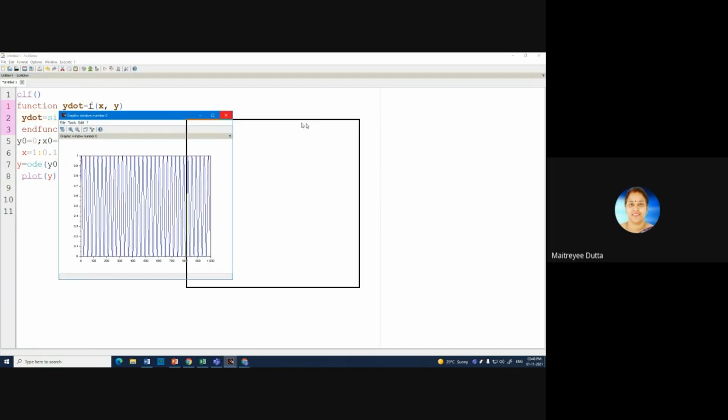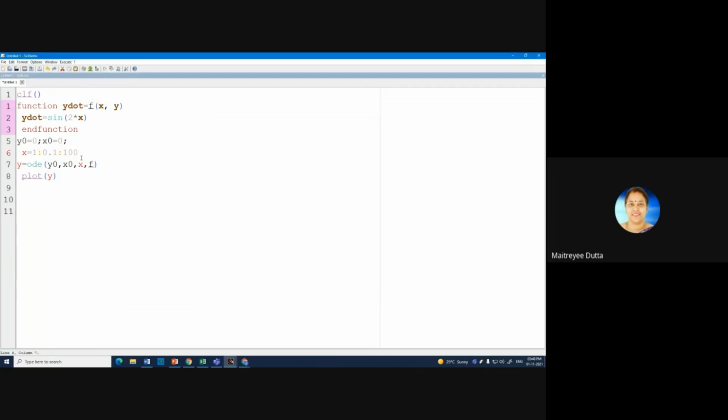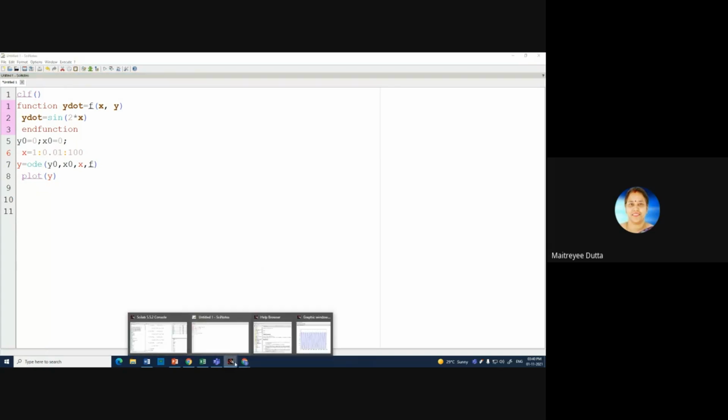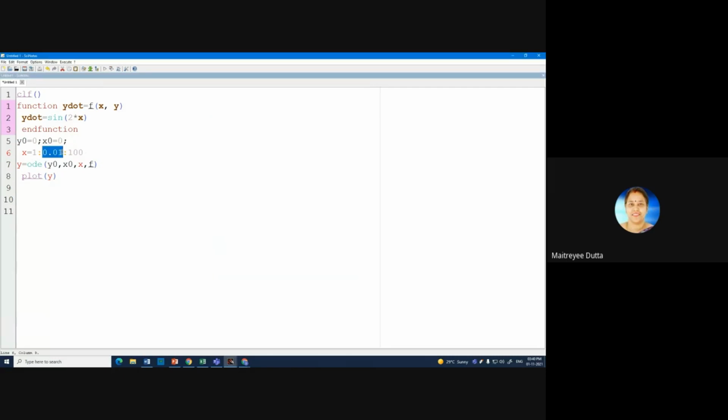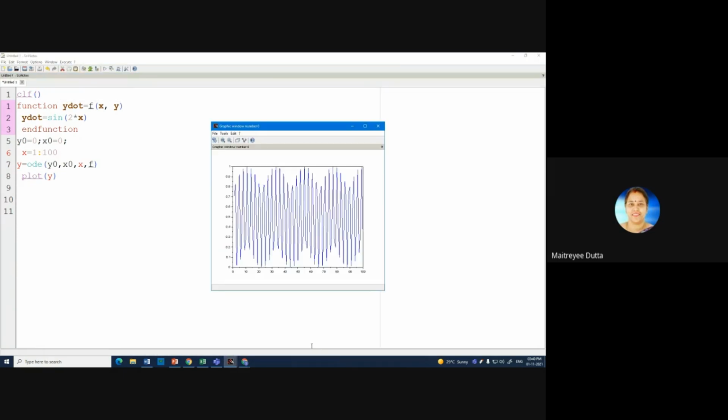Right, you are getting it like this. Now if you take 0.01, then of course you may get a very small, smooth graph, right? If you do not take this, for example, if you are taking only 1 to 100, you will see that you get a cross result, and the smooth results you will not get, right?